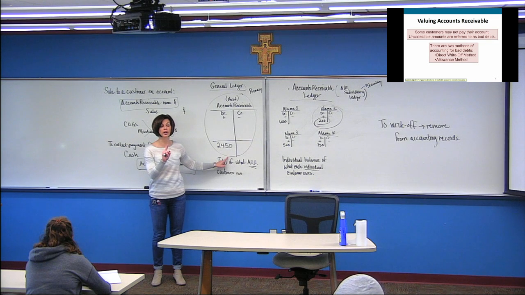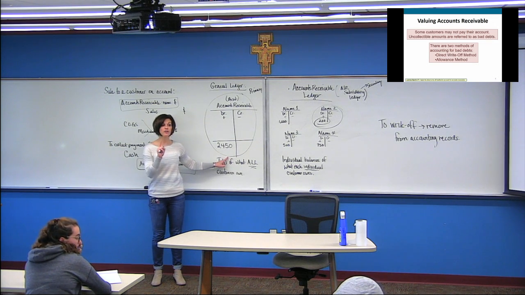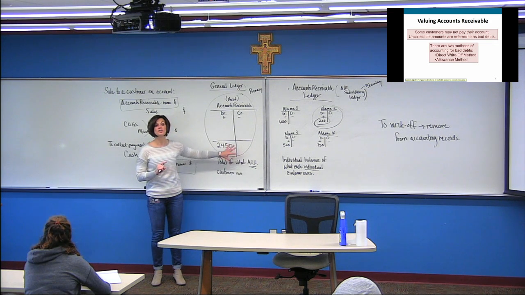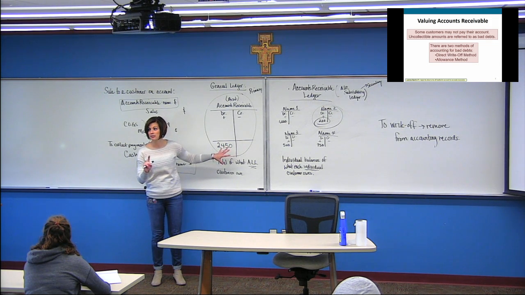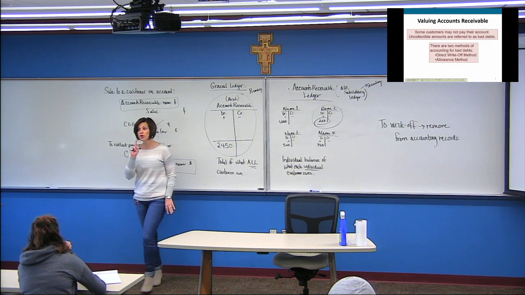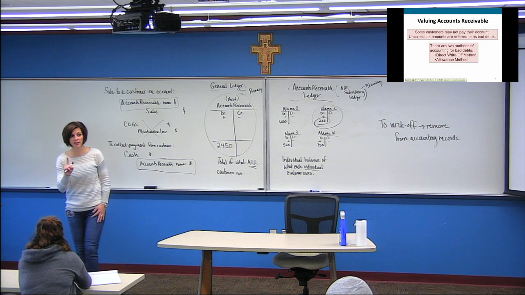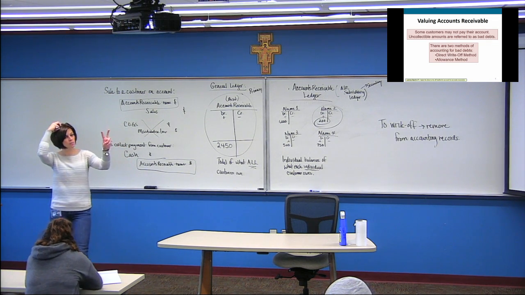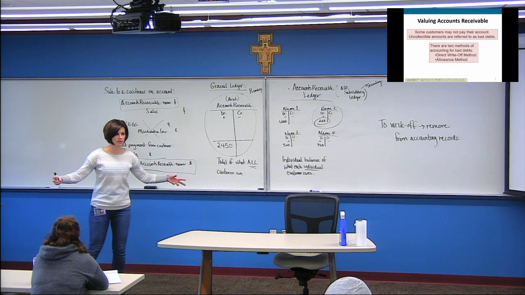You must be reporting accurate information. If you know you're never getting that $200, then that $200 needs to come out of here, because you're making people think that the value of your accounts receivable, which is an asset, that's a good thing, right? You're making people think that asset is worth more than it is. So if you know you're not collecting it, you have an obligation to remove it from your records by writing it off. There are 2 methods, and we call that a bad debt, right?